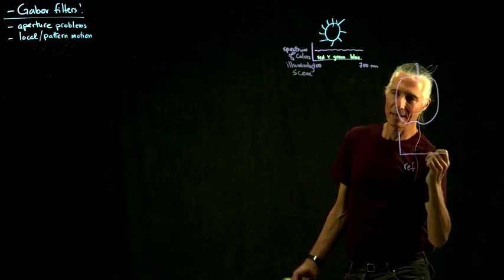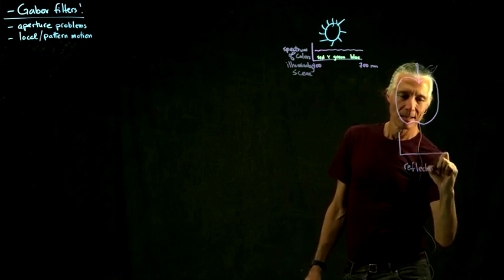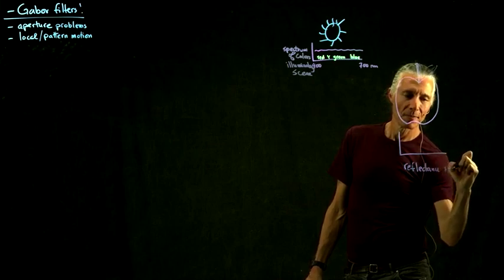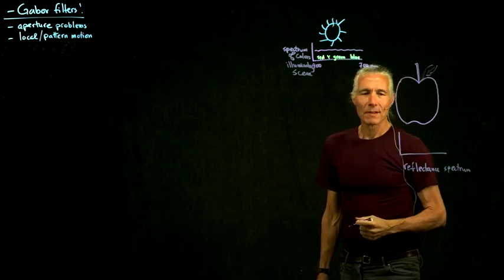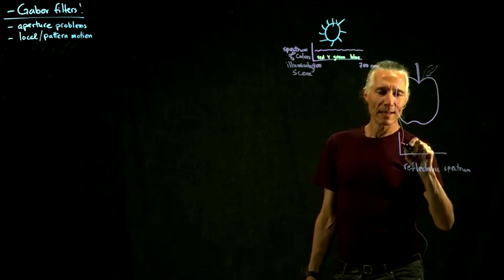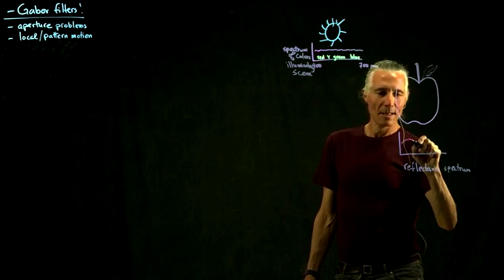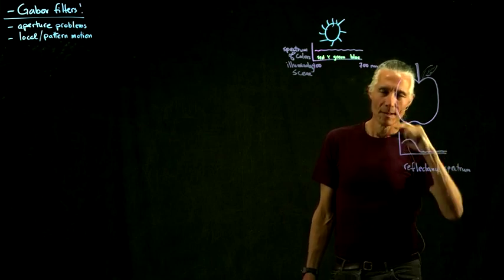We could also plot the absorptions, the opposite of it, but here's the reflectance spectrum. And what does it mean for something to be a red apple? It means that it reflects a lot of red, and absorbs a lot of green and blue.